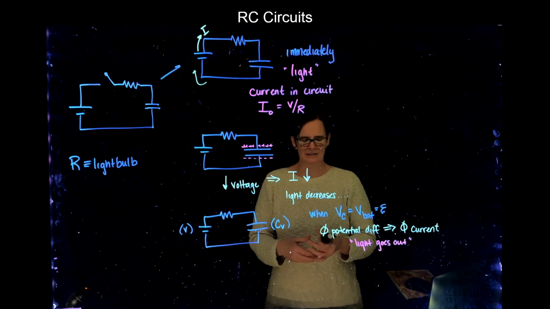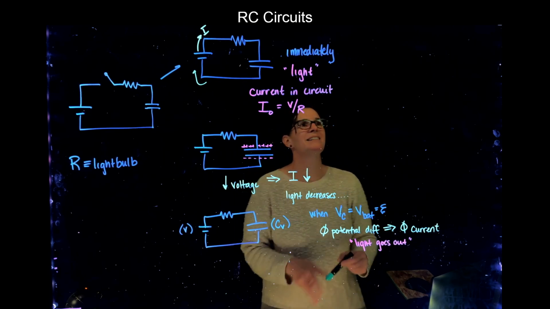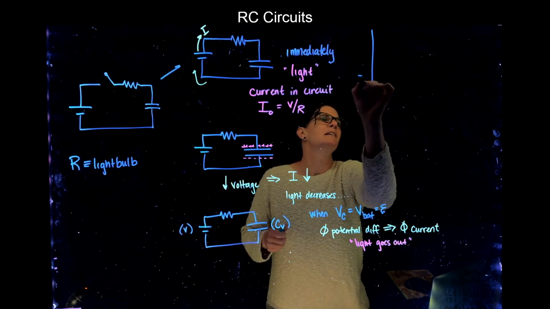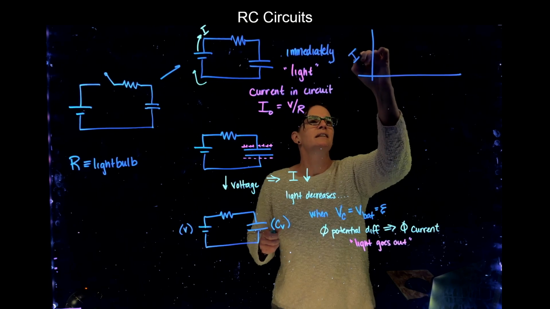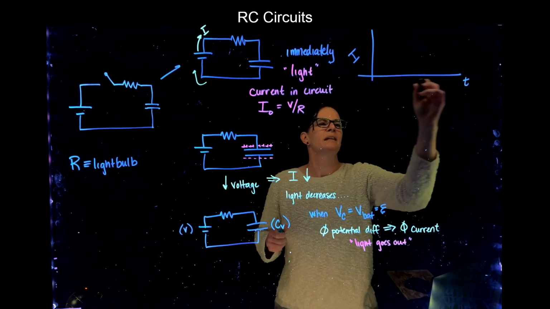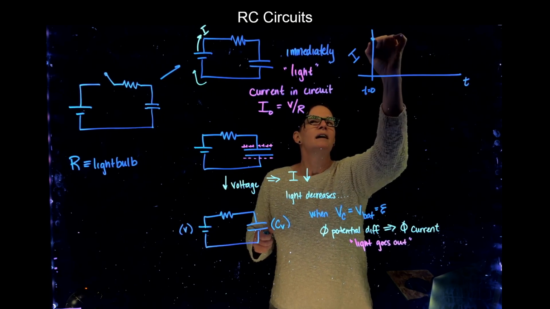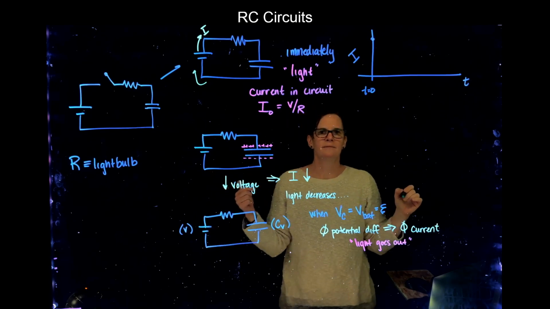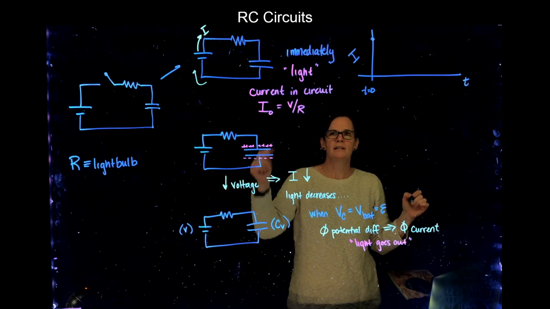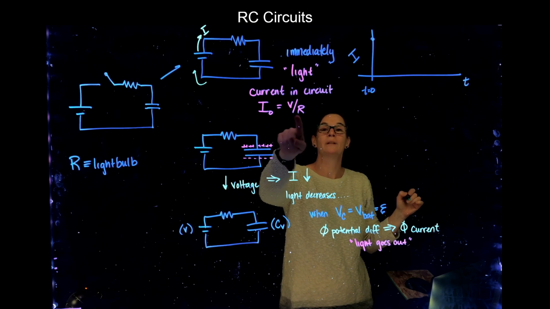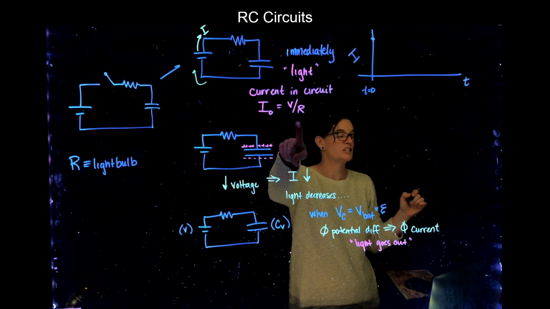So how does this look? Well, if I was going to plot the current as a function of time, t equals 0 is when I drop the switch. I get an initial current related again based on that Ohm's law relationship. Nothing's affecting the current initially.